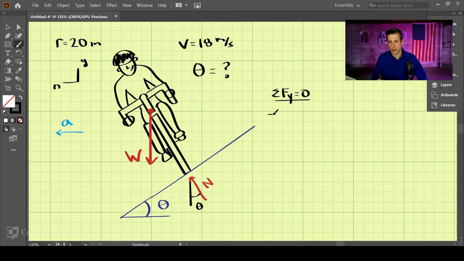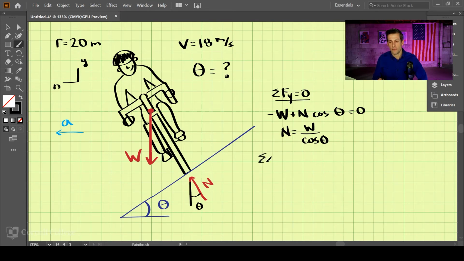So in the y direction, we have negative W downward, and then upward we have a component of N, which is N cosine theta, and that is equal to 0. And now let's simplify that for the normal force. N is equal to W over cosine theta. Okay, we're going to need that later.